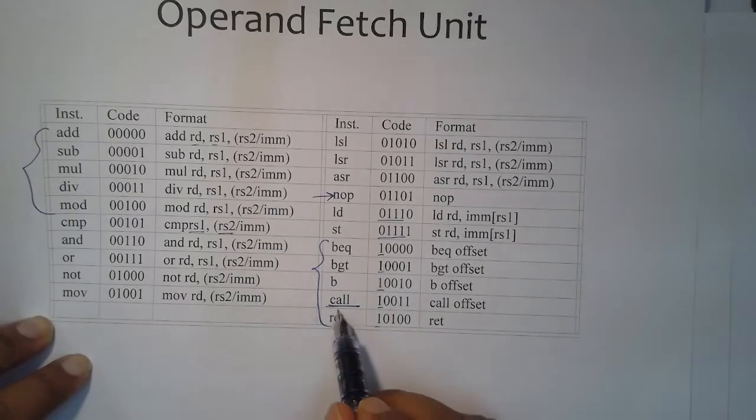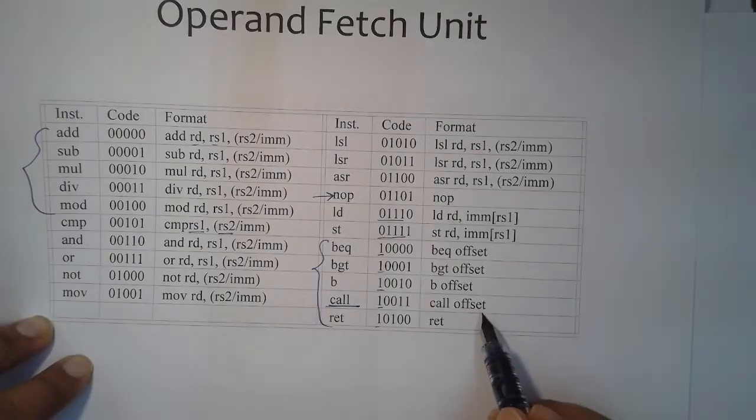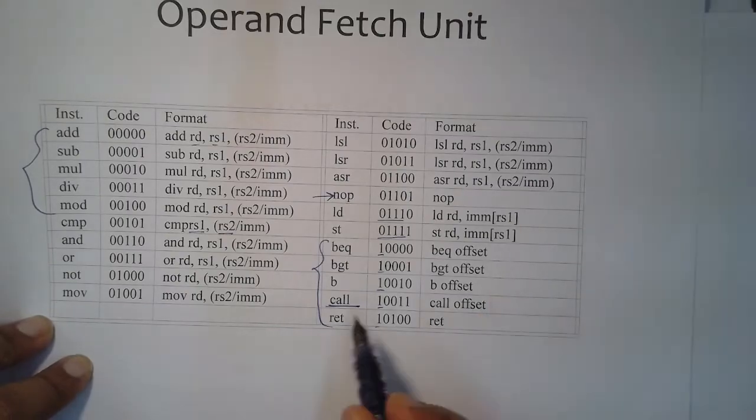So what do we do while we have a call instruction? Of course we update our new PC with the appropriate location, but also we need to store the return address.